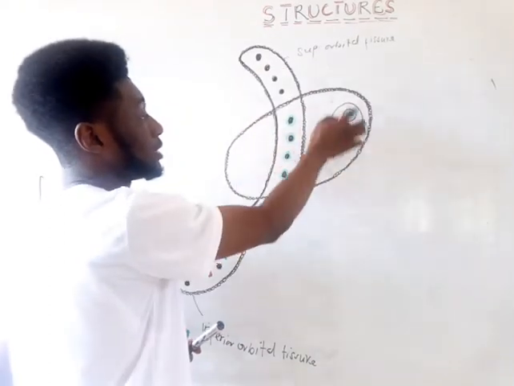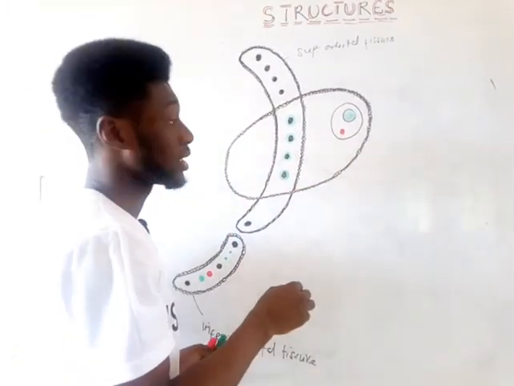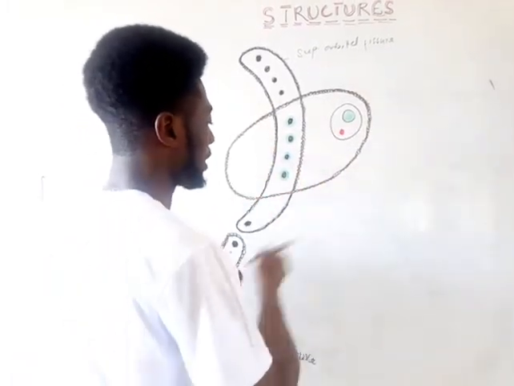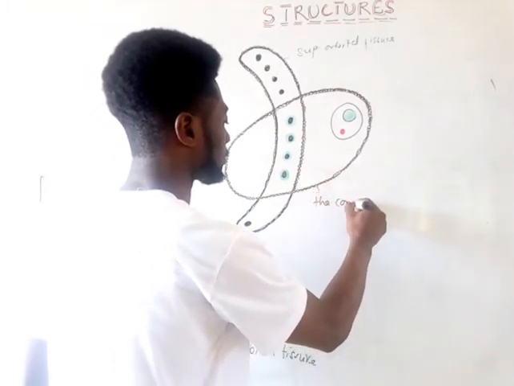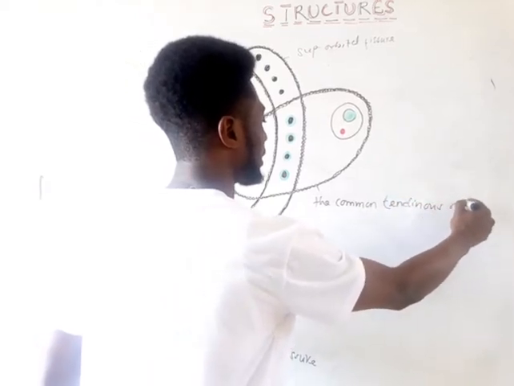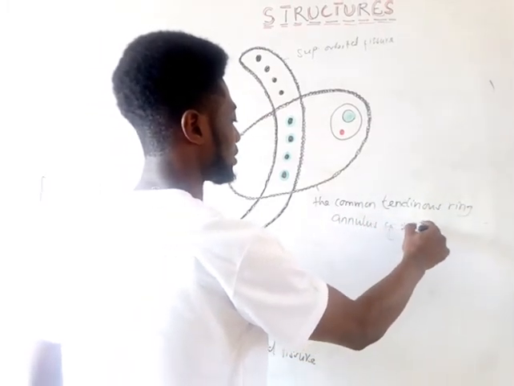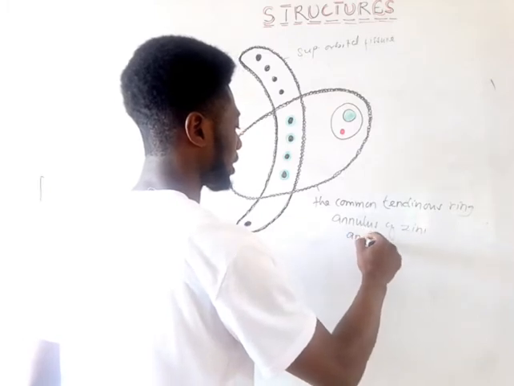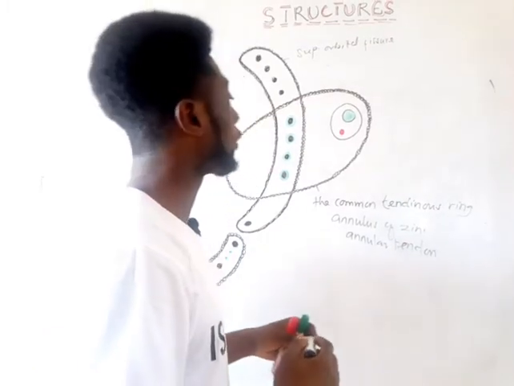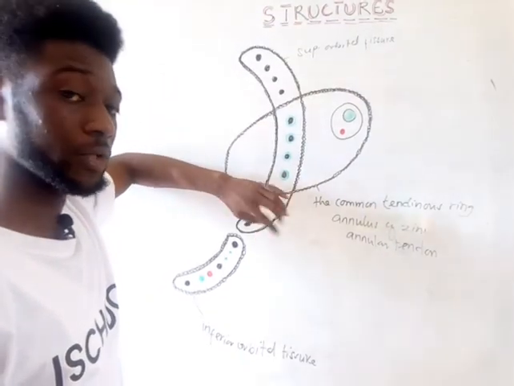This oval-shaped structure is the common tendinous ring, also known as the annulus of Zinn, or the annular tendon.